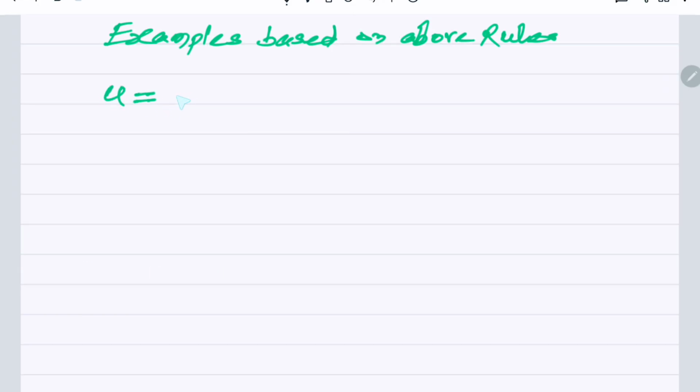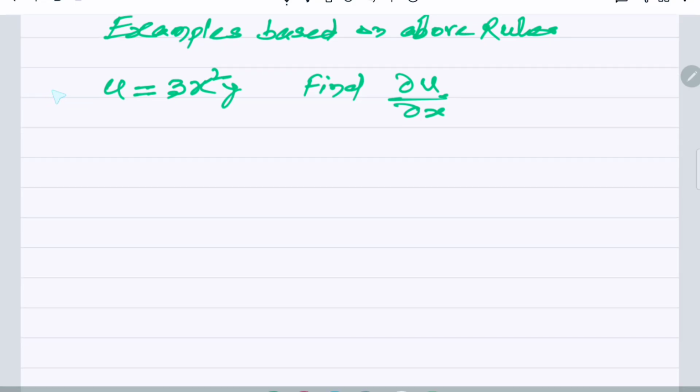As a third part, first simple example, u is equal to 3x square into y. Then find dou u by dou x and dou u by dou y. Partial derivative of u with respect to x and partial derivative of u with respect to y.